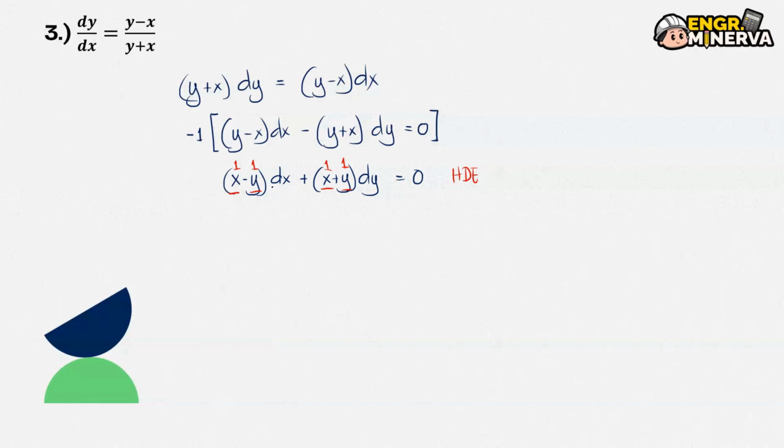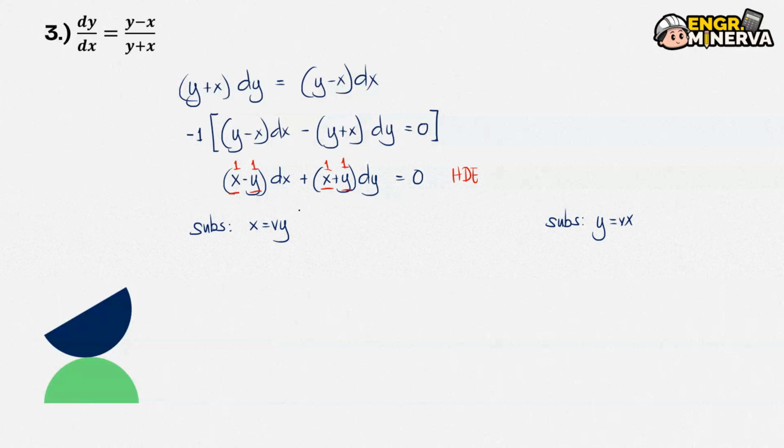You can use the substitution x equals vy, or you can use the substitution y equals vx. It will not matter because you have two terms on each of the coefficients.